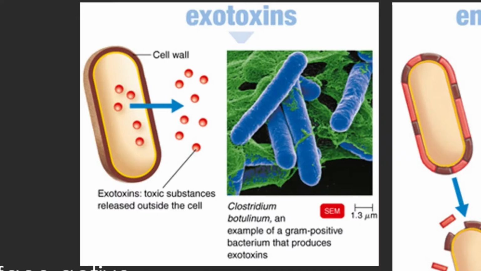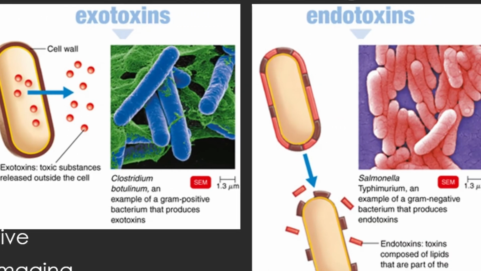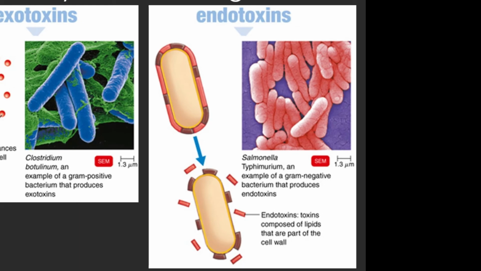Exotoxins are genes that are transcribed and translated into toxins that are excreted from the cell, and they're found commonly in gram-positives, but they are also found in gram-negatives because they are simply part of the chromosome. Endotoxins, on the other hand, are always and only found in gram-negative cells because they're actually part of the gram-negative lipopolysaccharide outer membrane.